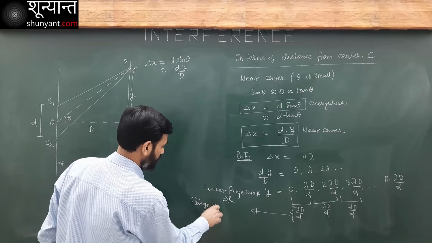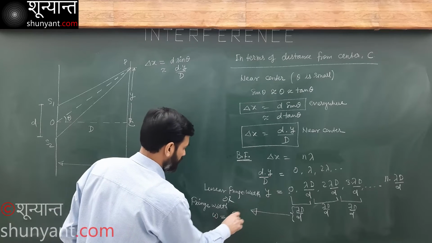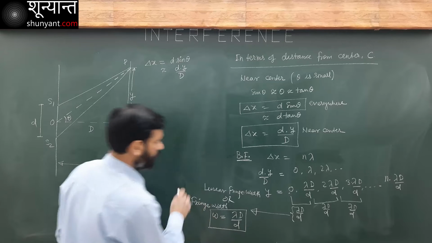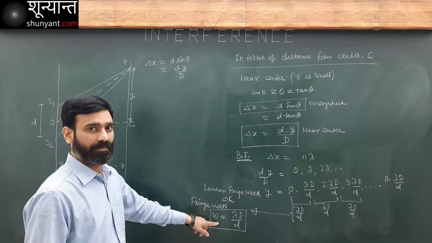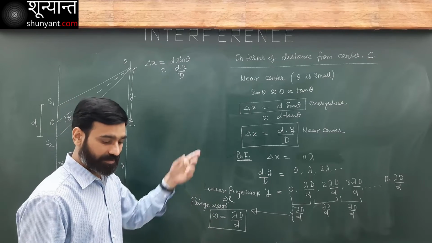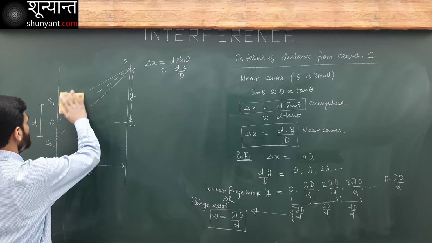Omega is equal to lambda D over d. A very important relation. This is the distance between two successive bright fringes.